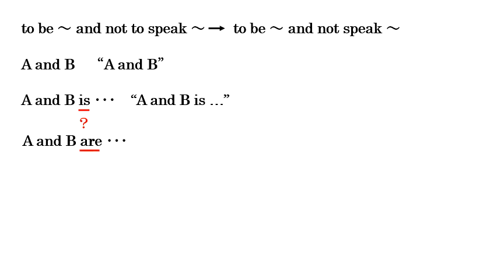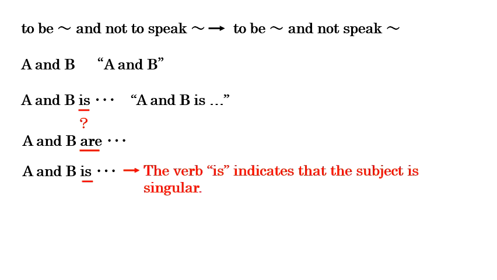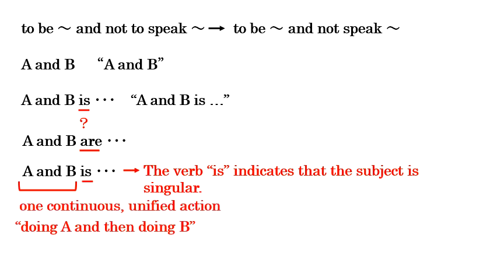But the verb "is" indicates that the subject is singular. That's true. As I just said, if the verb is singular, we can regard the subject as one unit. If we interpret it as doing A and then doing B, one continuous, unified action, then the verb becomes "is." So, "A and B" can have two meanings.